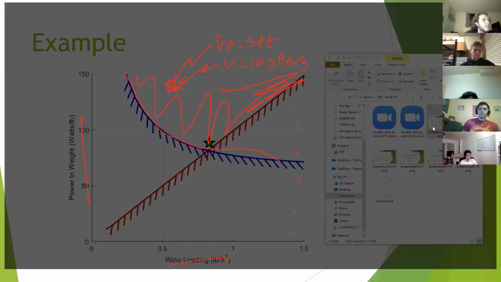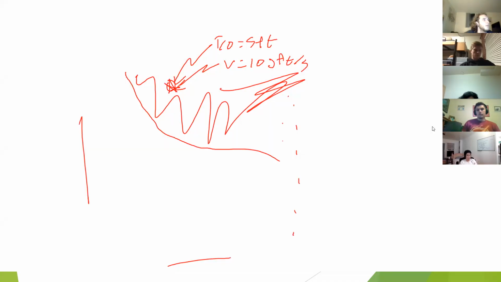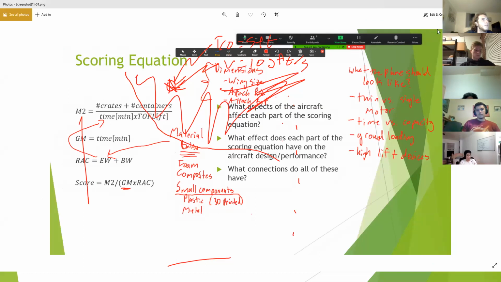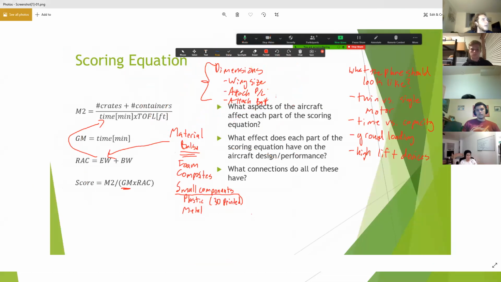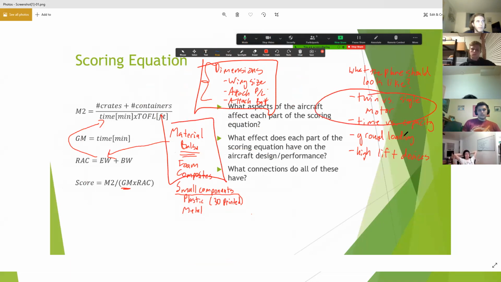And that's why I asked you early on to brainstorm all this stuff. How do these different parameters relate to things like your power and your dimensions, your wing area, and your weight and your power, right? You had all the things in here, your time versus capacity trade-off.